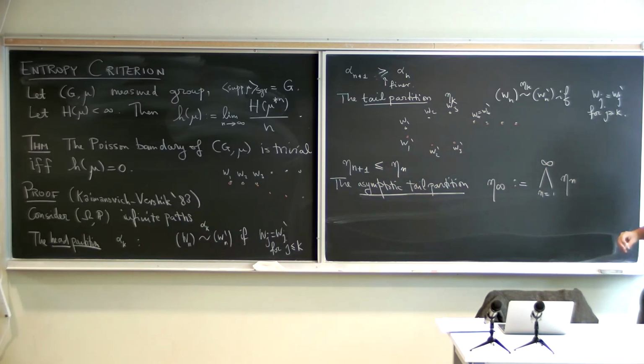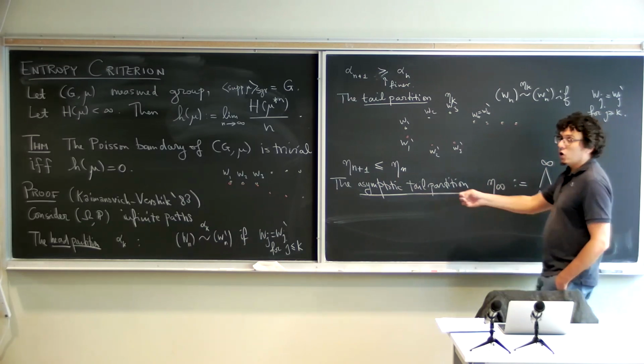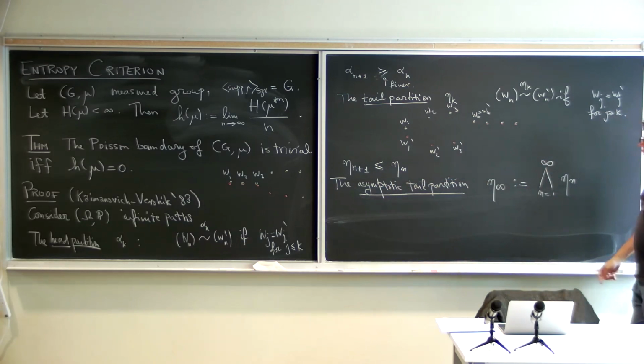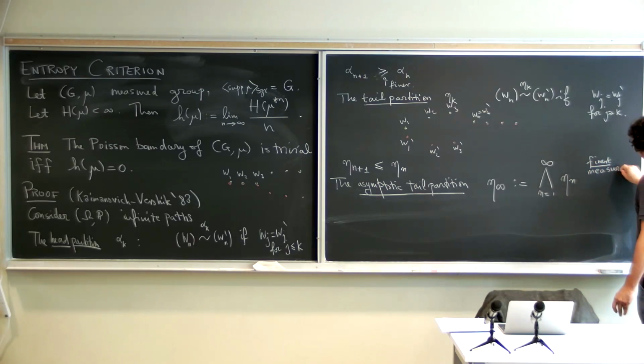Again, this partition is coarser than all of those, but it's the finest partition that is coarser than all of those. However, there's an issue here: when we pass to this, if we want a nice partition in the sense of a measurable partition, we have to say this is the finest measurable partition.